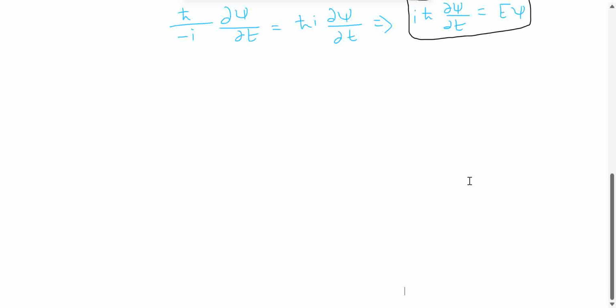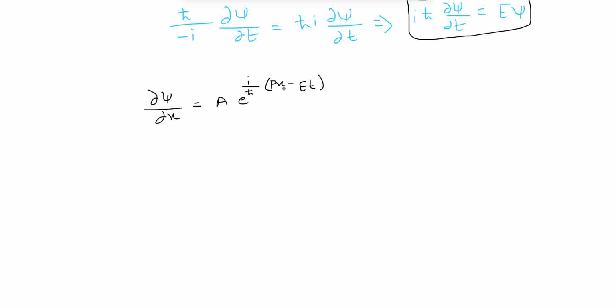We can also partially differentiate the wave function with respect to x. So we have A e to the power i by h bar (px minus Et).